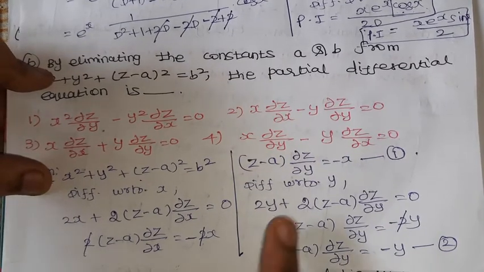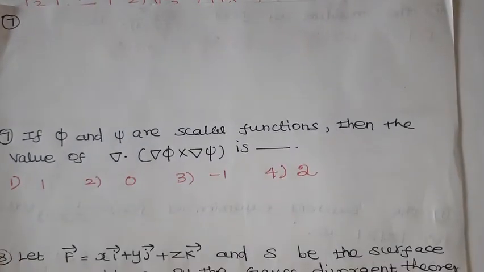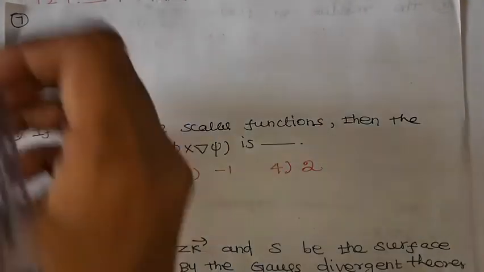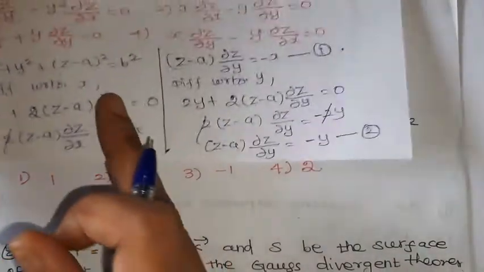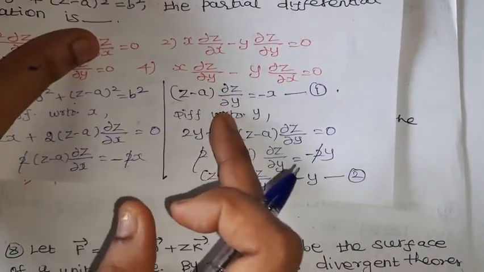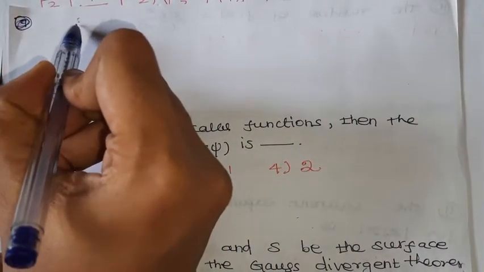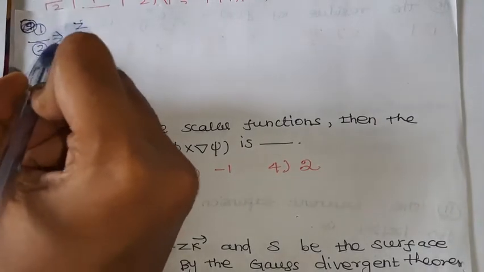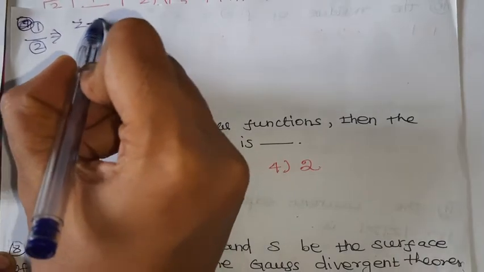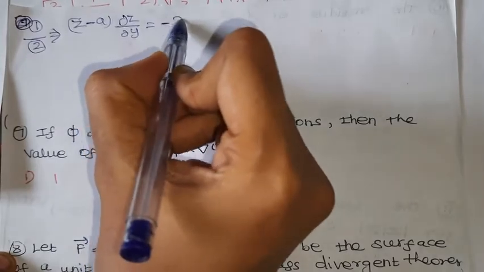So now we are going to divide equation 1 by equation 2. What is equation 1 here? (z minus a) into dou z by dou x equal to minus x.